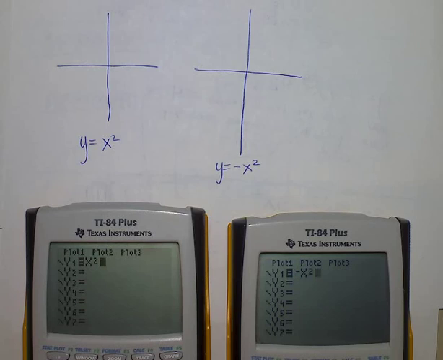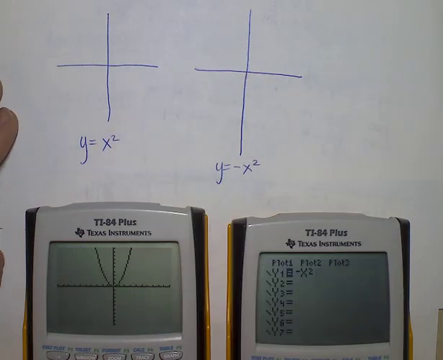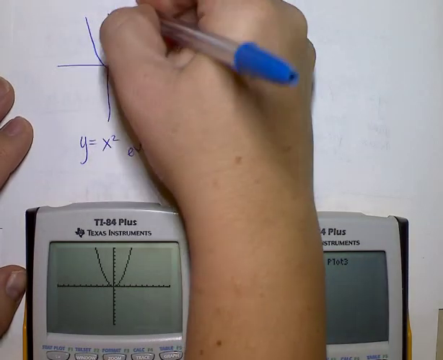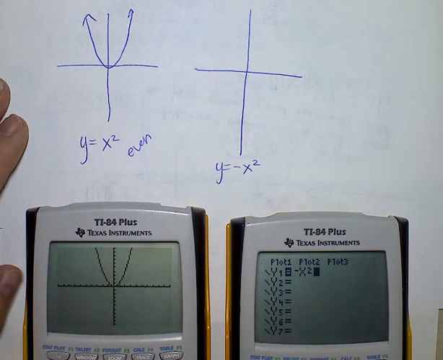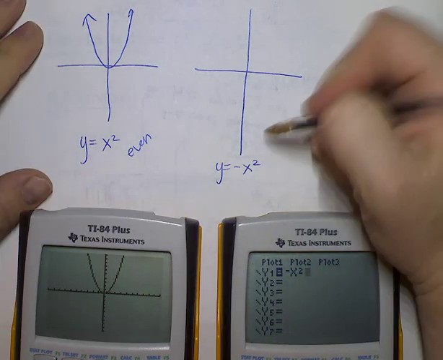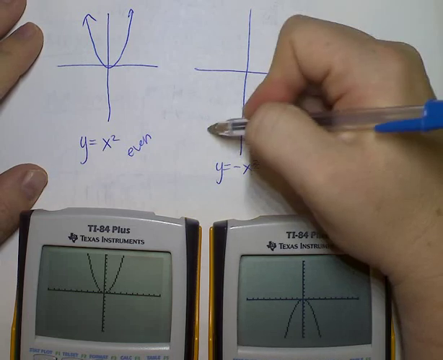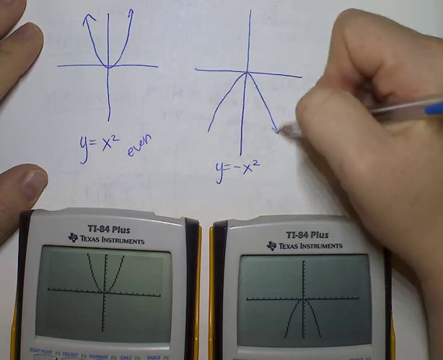Okay, for those that did x squared, does your graph look something like this? Yes or no? Okay, notice, is this even or odd? So write even and just do a really simple sketch for me. It's even, but by the way, this is even as well, but it looks like this. What is the difference between the 2 equations that makes it look different?